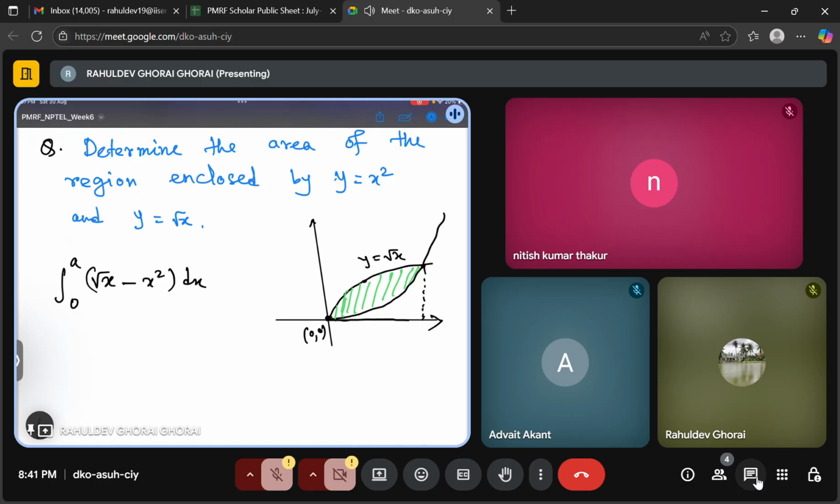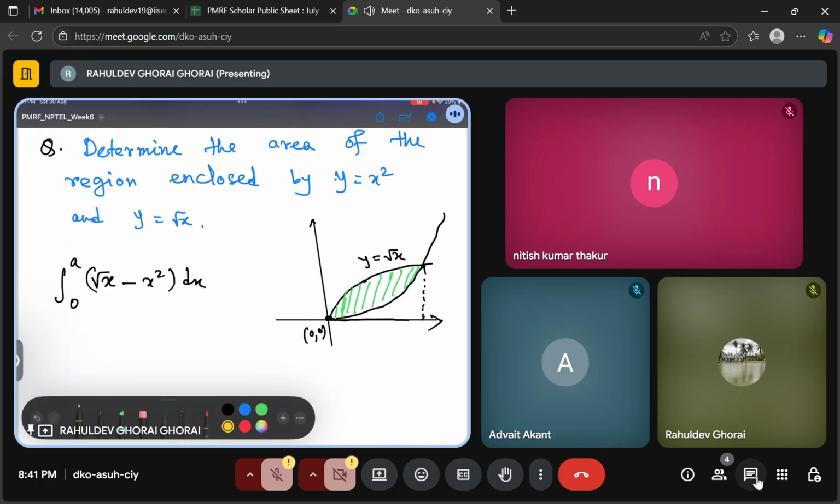Because you first take the area of the whole thing under square root of x, which is the integral of square root of x dx, and you have the area under the curve y equal to x square, that is this blue line, and this yellow line area minus blue line area is equal to the area of these green lines, right?